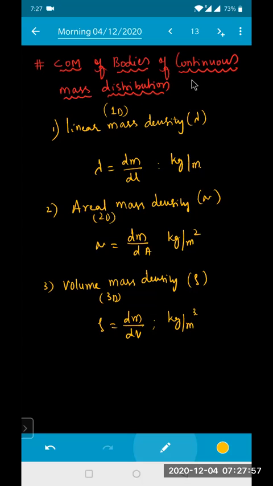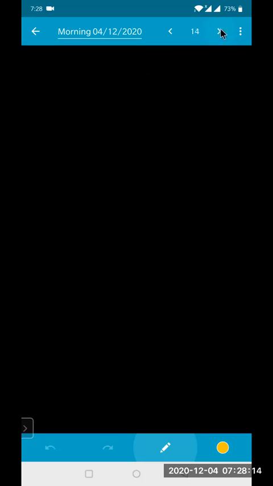So when we are talking about a continuous body, we use integration to calculate center of mass. How do we do that?